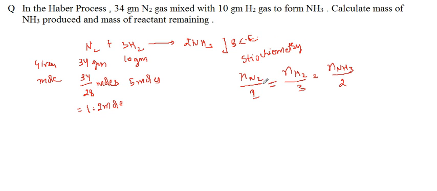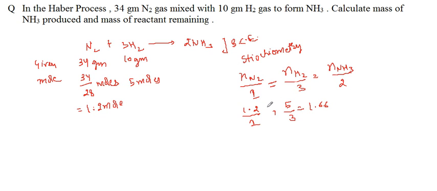So for N2, if we put the value, 1.2 divided by 1, and for H2 by 3, that is 5 by 3, and that comes out to be 1.66.